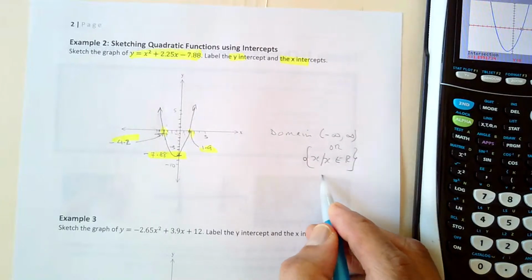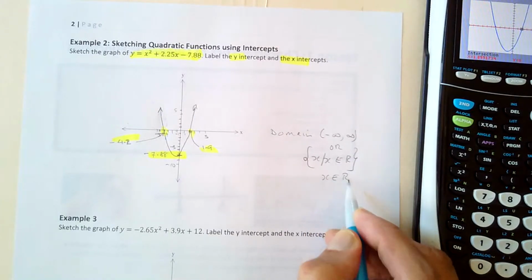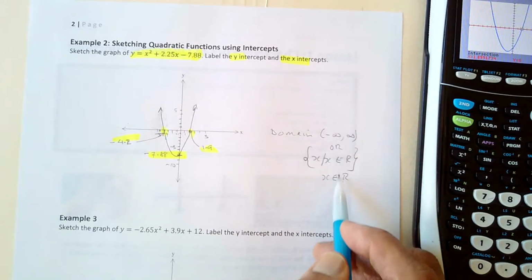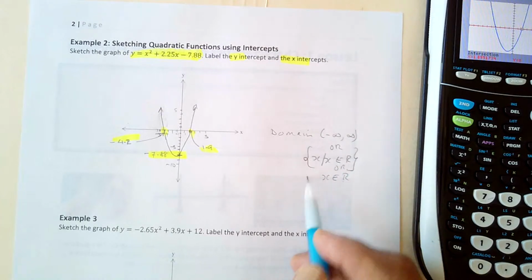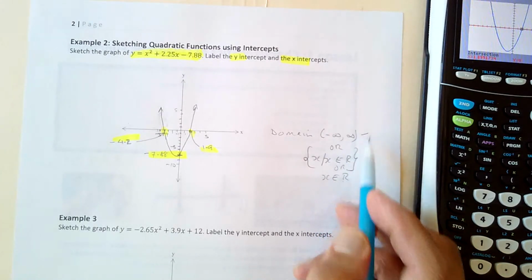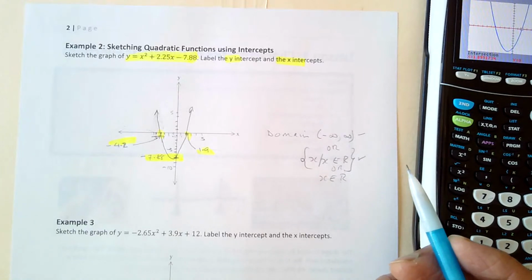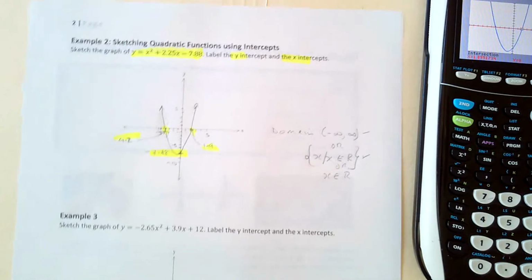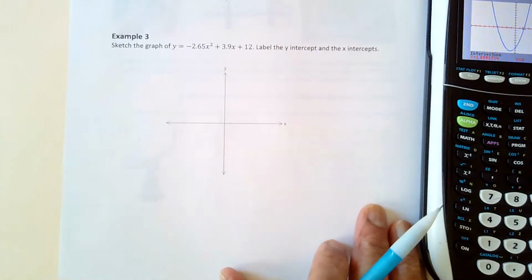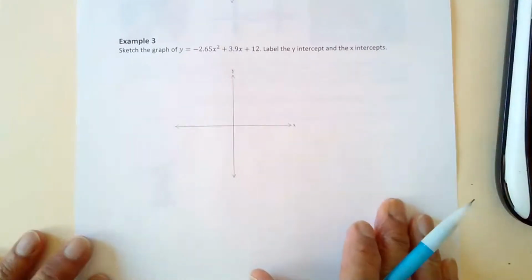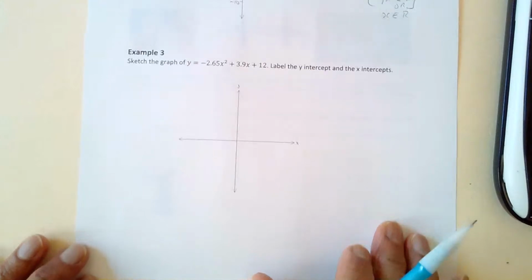Now, in your booklet, you'll see a short form of the, so these are all the same. This is called the interval notation. This is called the set notation. You'll be writing a lot of these when you get into grade 12. Now, the next one I'll show you, by the way, I'll show you both.